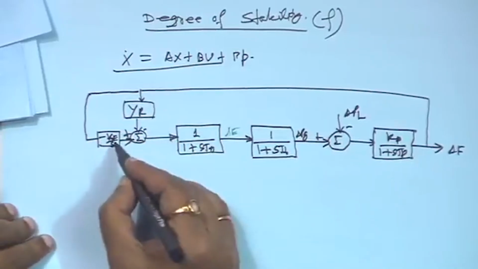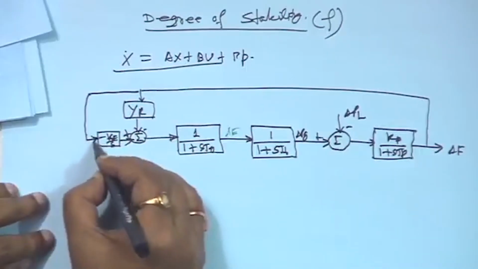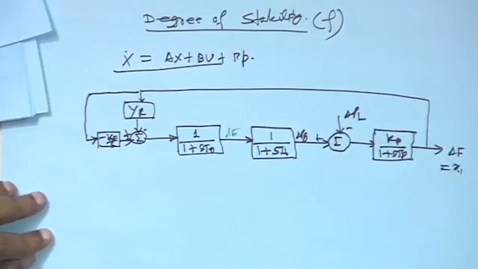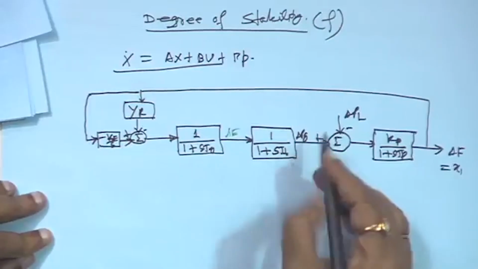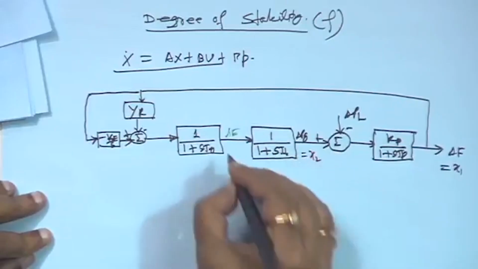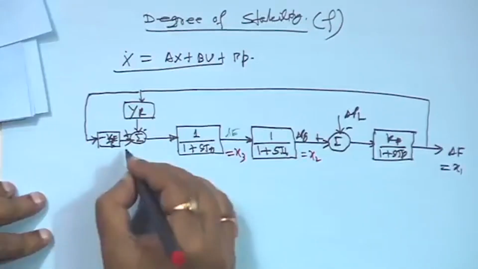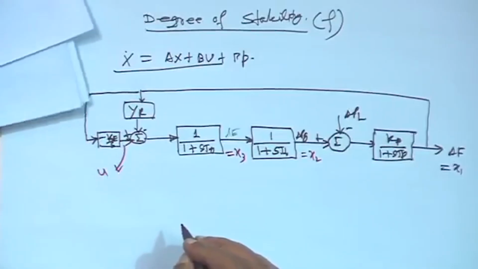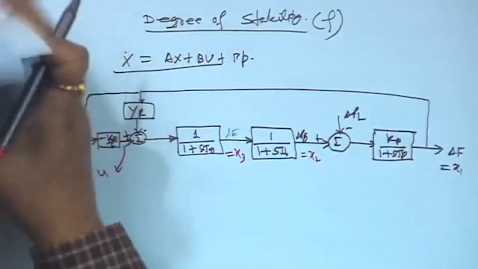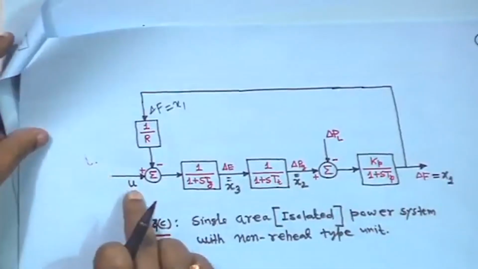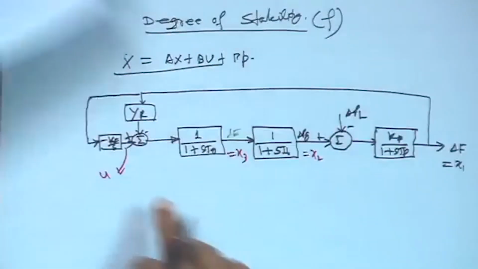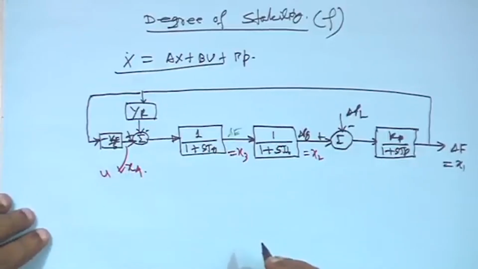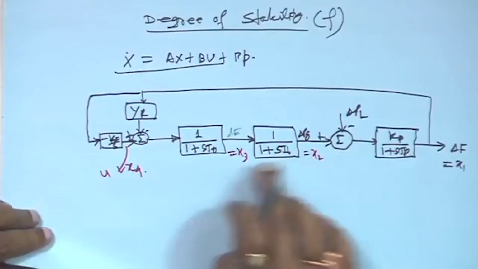So, this is minus Ki upon s, and the input to this is your delta f. We are taking x1, and here this one we are taking x2, and here we are taking x3, and this was actually u. From this diagram, earlier we have seen that if we put an integral controller, u will not be taken; we will take this one as a state variable x4. So, x1, x2, x3, x4.